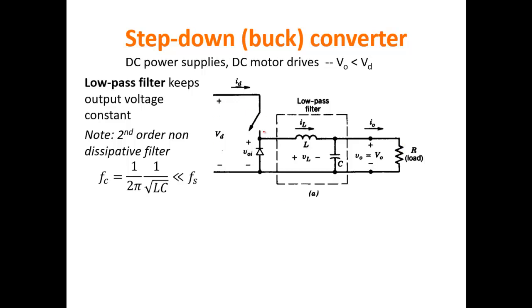The same components that we used before, but what we need to add is a low-pass filter before the load, and the role of this low-pass filter is to filter out all the components of the voltage that are not DC. And you need to also add this diode, and the role of this diode is to eliminate the possibility that the current in the inductor changes too abruptly.